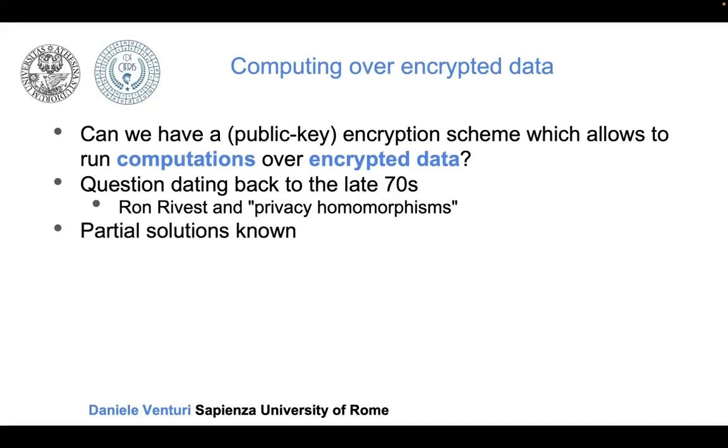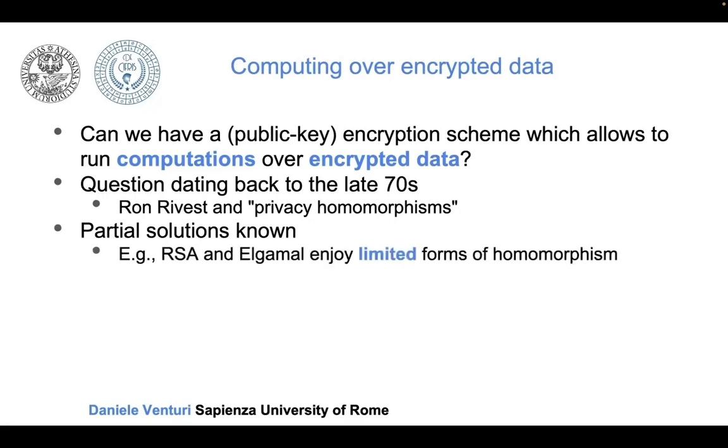Okay, and first of all, as a sanity check, just to understand what kind of question this is, notice that partial solutions were already known since the early days of public key encryption. For instance, RSA itself, or El-Gamal, which are very basic CPA secure public key encryption schemes, directly enjoy limited forms of homomorphism, where homomorphism here means I can take two ciphertexts and multiply them, and I don't know what's inside.